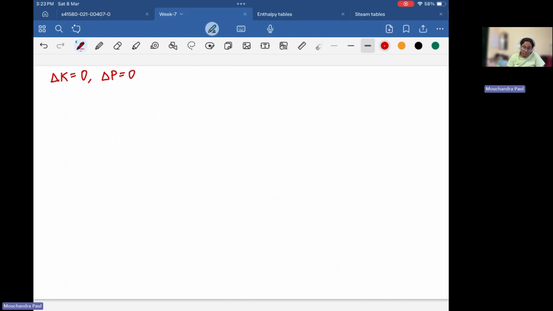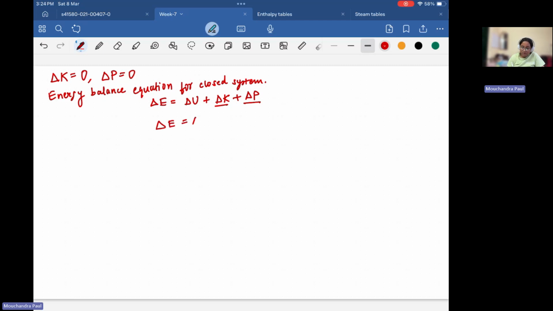So if you remember the energy balance equation for a closed system which we discussed last week, it is delta E equals delta U plus delta K plus delta P. Now these two parts are already 0, so we are left with only the internal energy part. And delta U is equal to Q minus W.